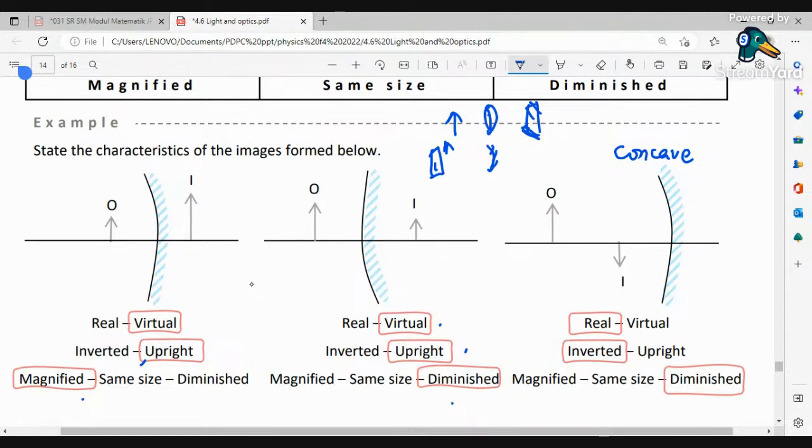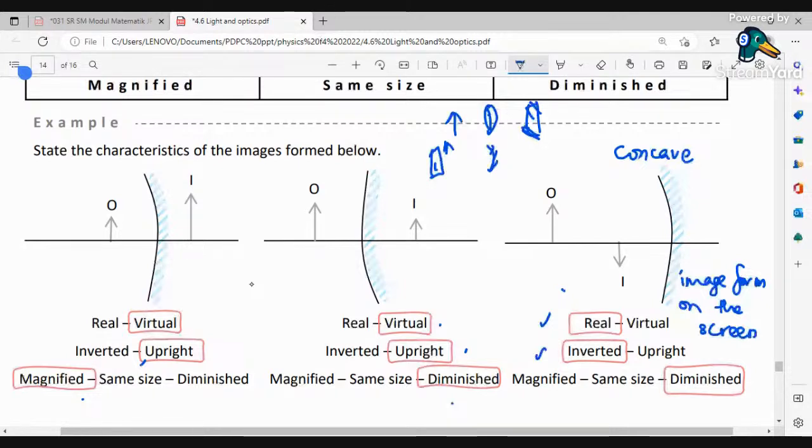Okay, so means if it reflect and meet in front of the mirror, image will form on the screen. On the image form on the screen, we call it real, inverted, diminished.